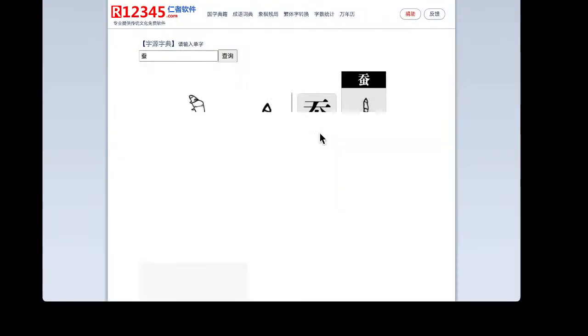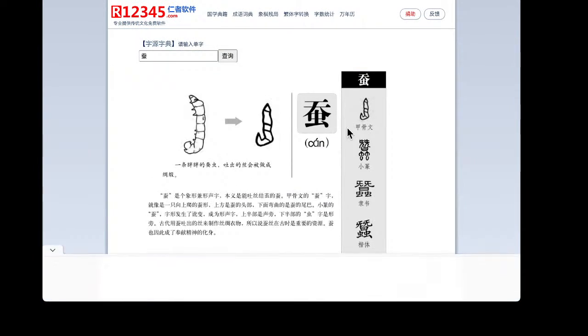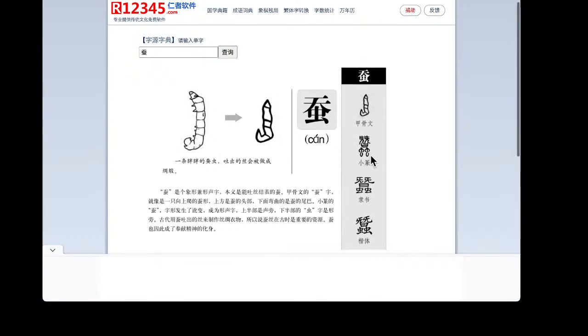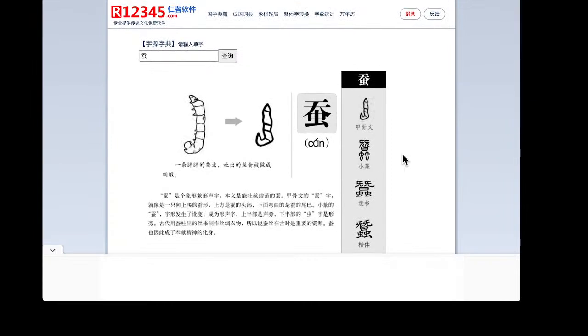But originally the bug part stays the same, but it used to have this on the top, which is pronounced Tan, and this as a character by itself is not used very commonly anymore, but it still exists as a phonetic component in a number of other characters that are still used more.